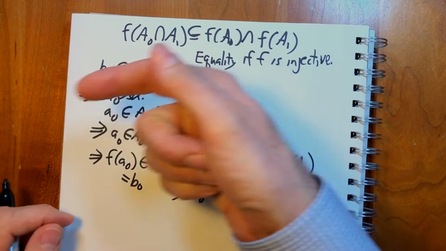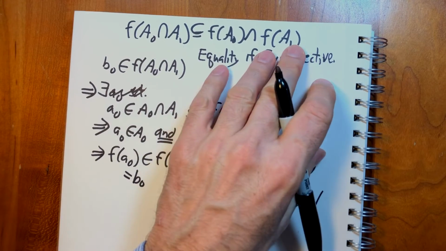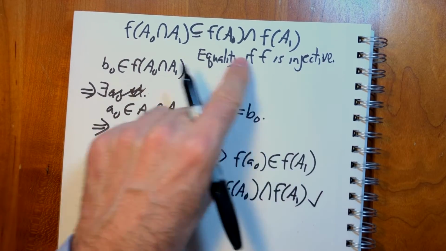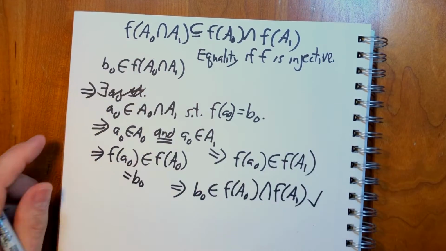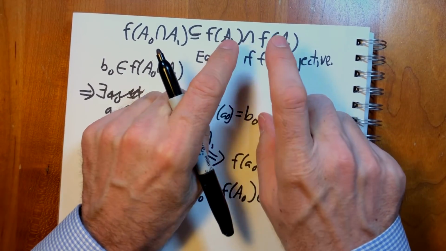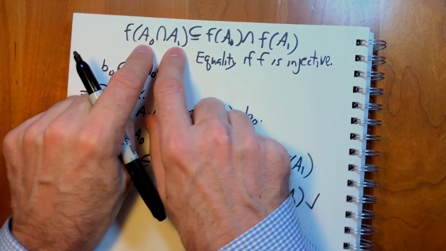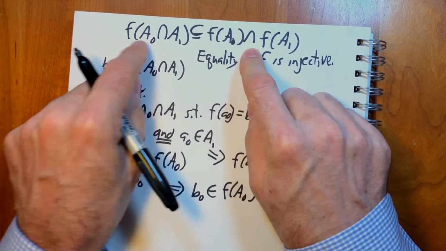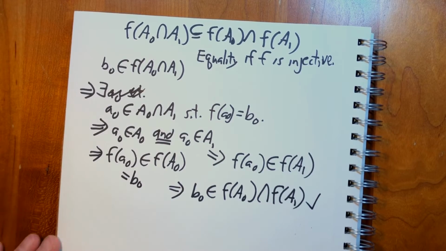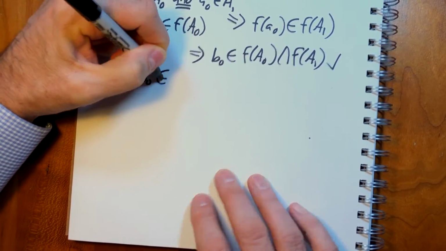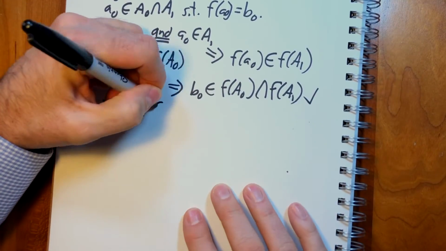Now we have to prove it the other direction. When we're trying to do this, we should run into trouble at some point, and it's going to require injectivity in order to complete the proof going this way. So we need to show that the intersection of the two images is a subset of the image of the intersection. Now remember again, this intersection might be empty, in which case there's nothing to prove. Otherwise, let b0 be an element of the right side.